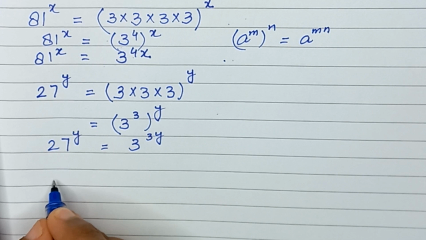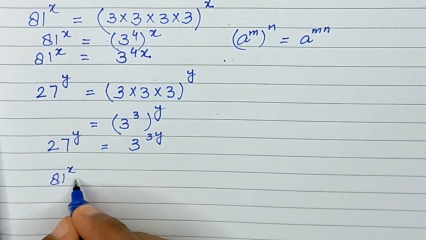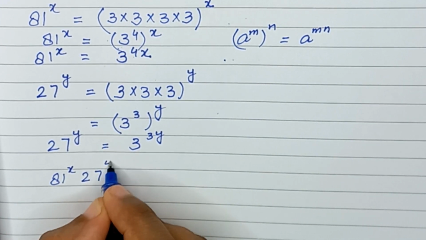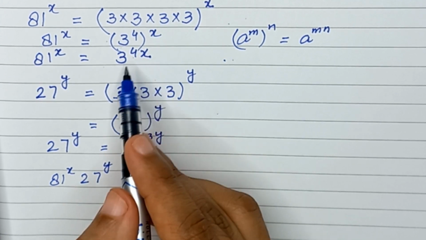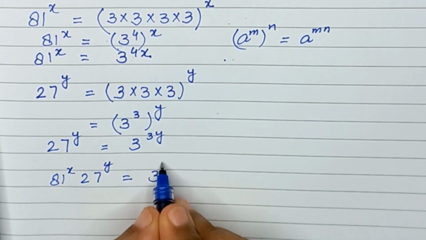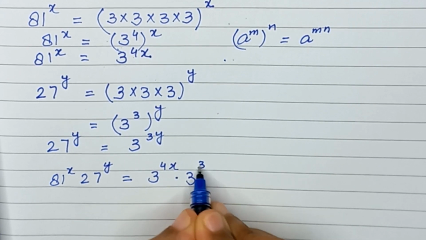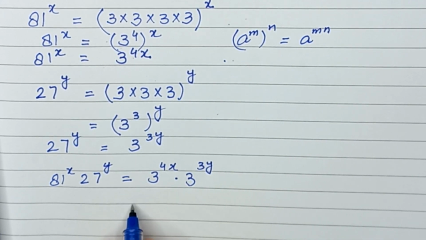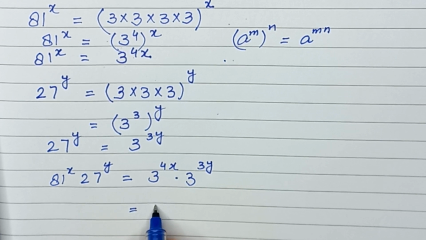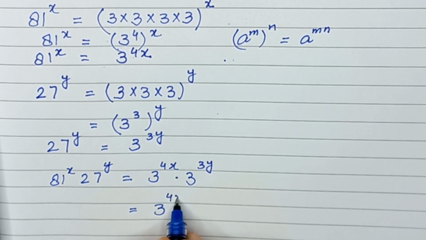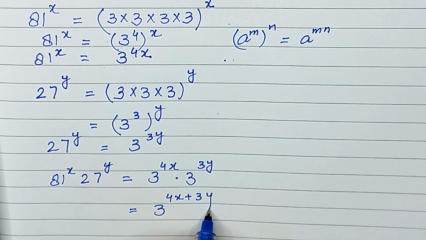So 81 raised to the power x into 27 raised to the power y will be equal to 3 raised to the power 4x into 3 raised to the power 3y. Bases are same, so powers will be added, so it will become 3 raised to the power 4x plus 3y.